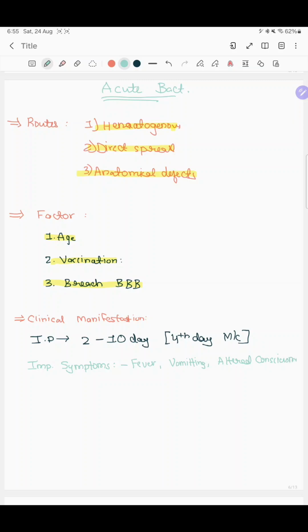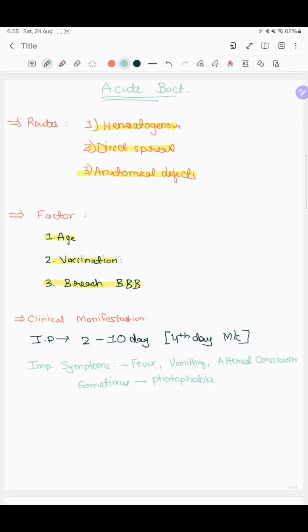These are the most important symptoms. Sometimes it can also be photophobia.